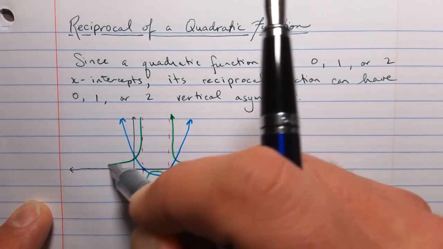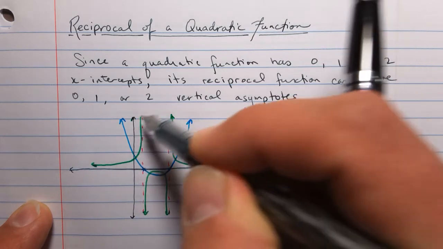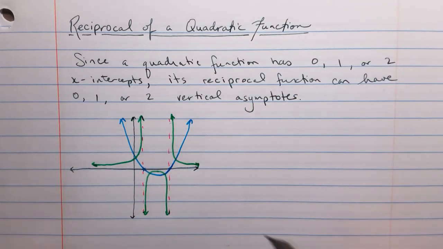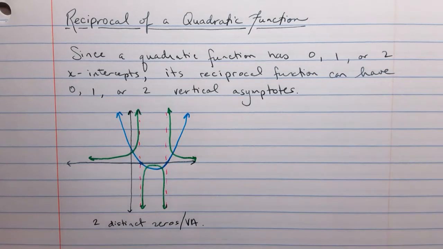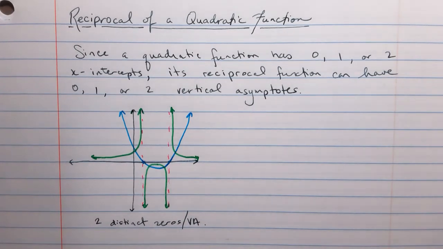And over here we get this. There we go. So that's the basic shape that we're going to get. So this is when we have 2 distinct zeros, and that gives us 2 distinct vertical asymptotes. So that's one version.